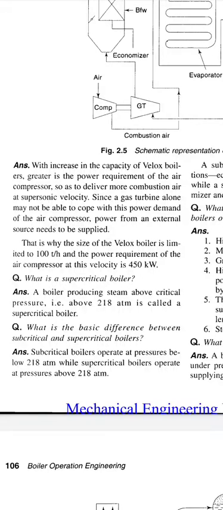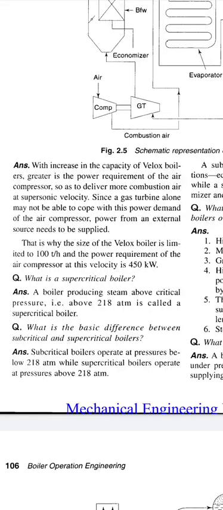Since a gas turbine alone may not be able to cope with this power demanded of the air compressor, power from an external source needs to be supplied. That is why the size of the Velox boiler is limited to 100 tons per hour, and the power requirement of the air compressor at this velocity is 450 kilowatt.